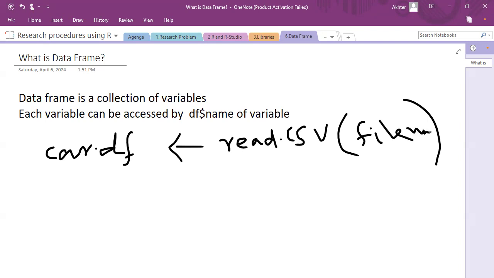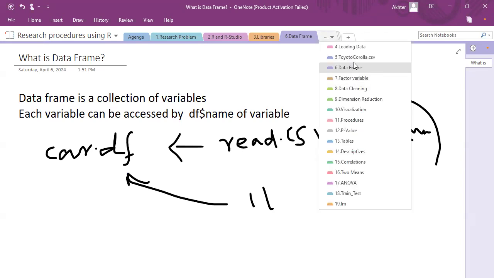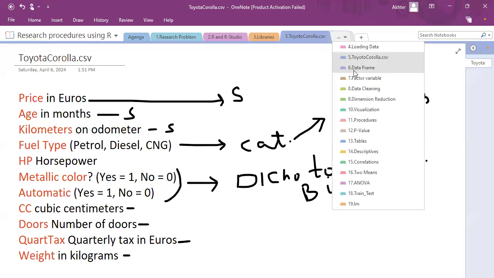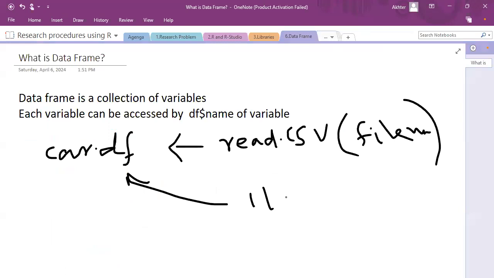This is the very simple format of creating a data frame. So what is car.df? It is a collection which will contain all of those 11 variables mentioned on the previous slide, and more, because in the actual file there are more variables than these 11. All of the variables will be there in car.df.